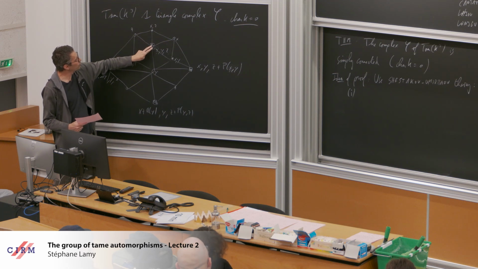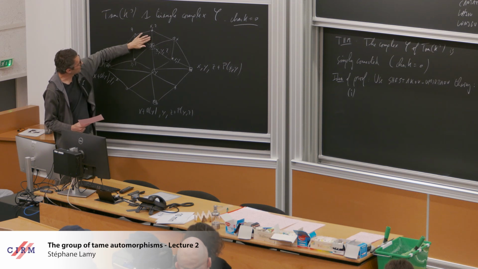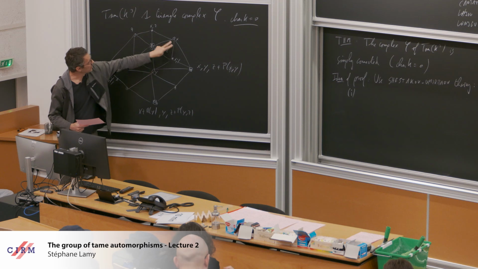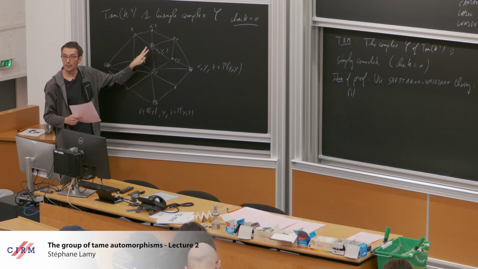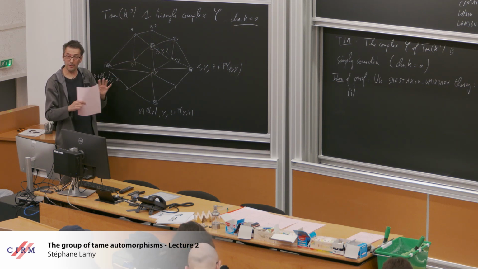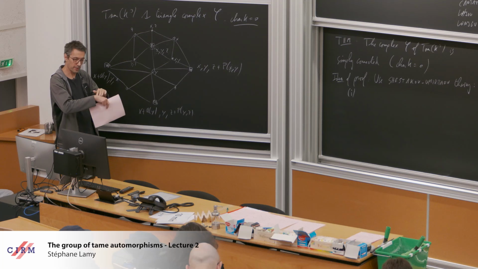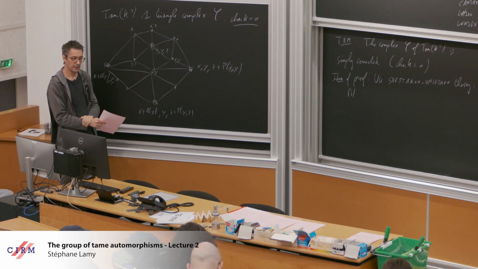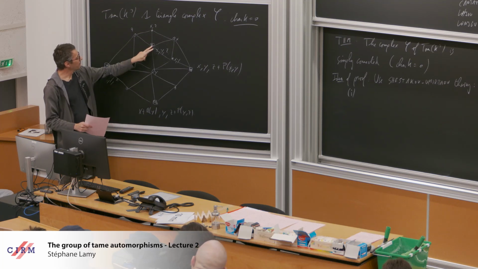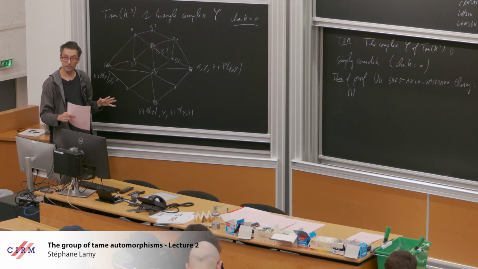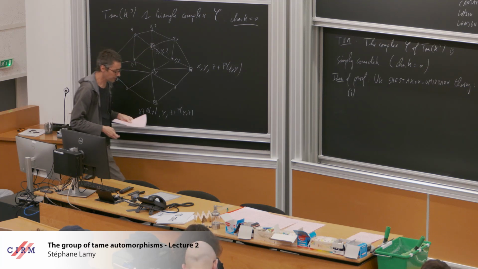So the link means you look at all vertices at distance 1, and you put an edge when they are in the same triangle. So here you see an hexagon in the link of this vertex. So the link is a graph, because I am in a two-dimensional complex. The link of a vertex is a graph. And I claim that for each vertex, this link is a connected graph.